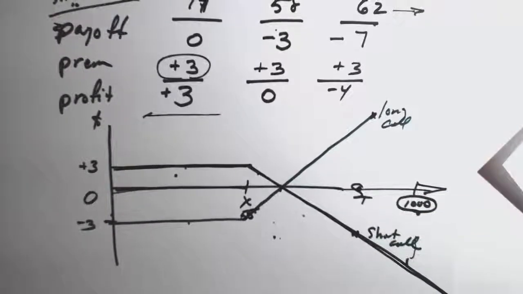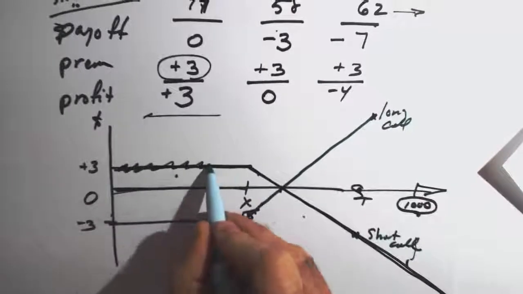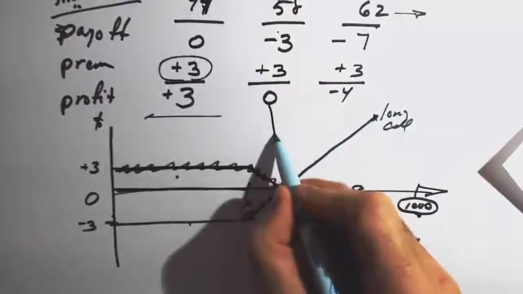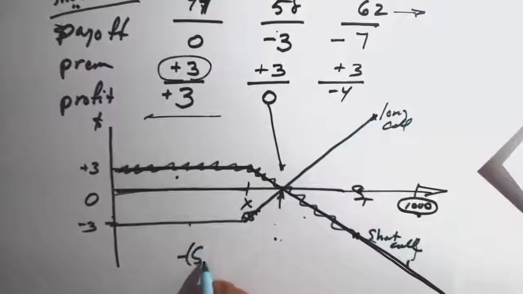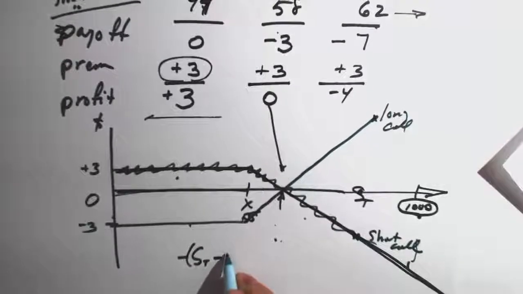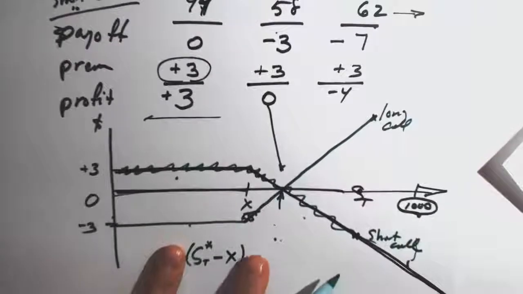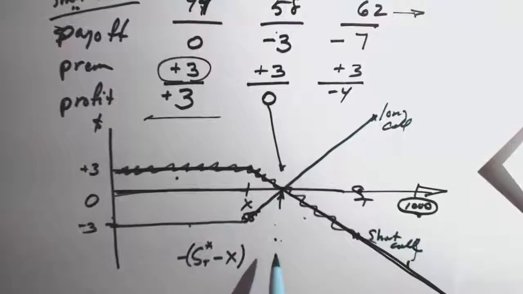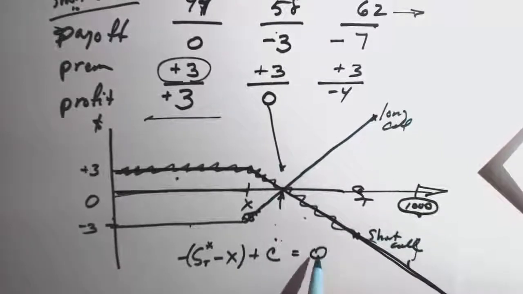Now the break-even for this short call, this line right here: the break-even point, you know, is 58. I graphed it, but the formula for it would be minus (ST minus X), the payoff to the long with a negative sign is the payoff to the short, plus the premium, which is the call that we collected the premium on, has to equal 0.